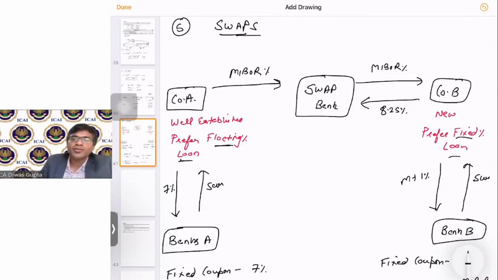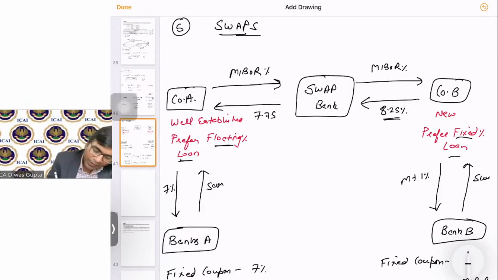So this is a swap happening. Floating of MIBOR is getting swapped with fixed of 8.25 percentage. And then the swap bank will also pay a fixed amount. Here the swap bank is receiving a fixed amount, right? In this case, the swap bank will pay a fixed amount to company B of 7.75 percentage, 0.5 percentage being the difference between 8.25 and 7.25.